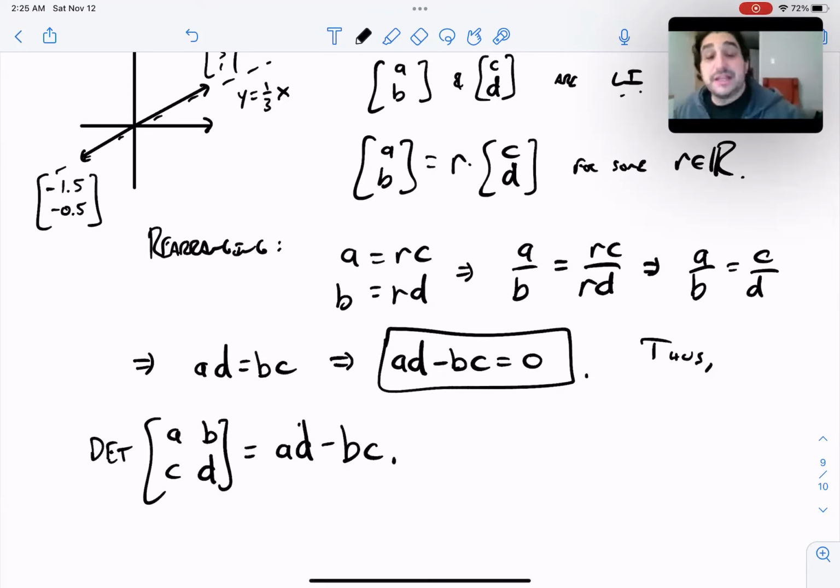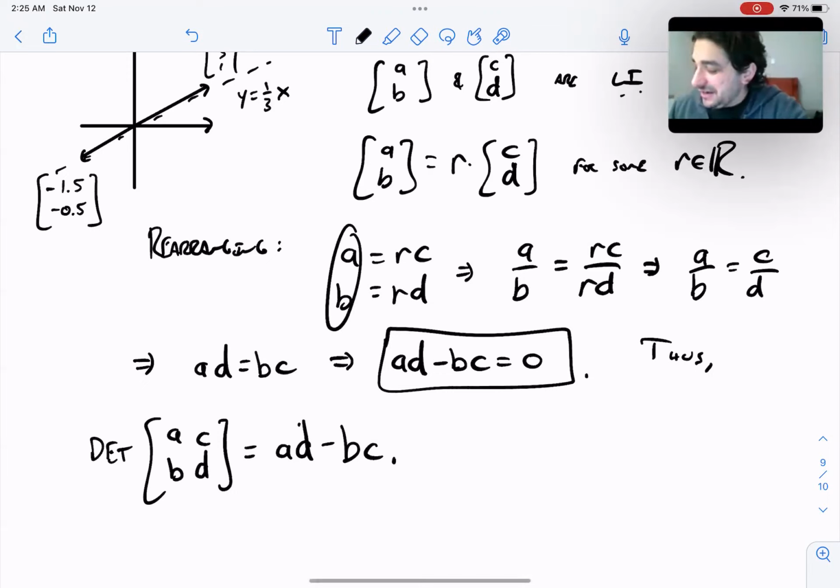This is the quantity that is 0 if and only if those two vectors are linearly dependent. Oh, and I wrote it transposed to A, B, C, D. It's the same either way, because B times C and C times B are the same. But this is to be consistent with how I wrote these column vectors, right? There's V1, and then there is V2.